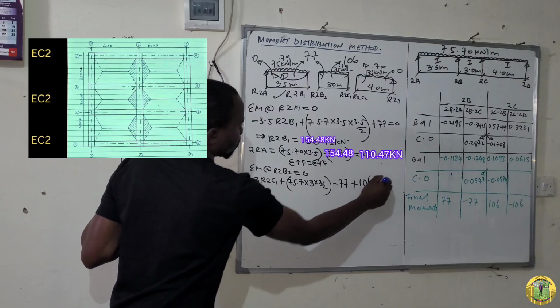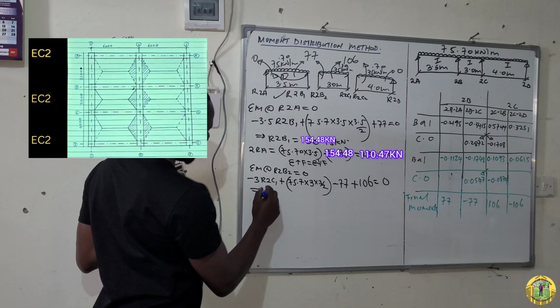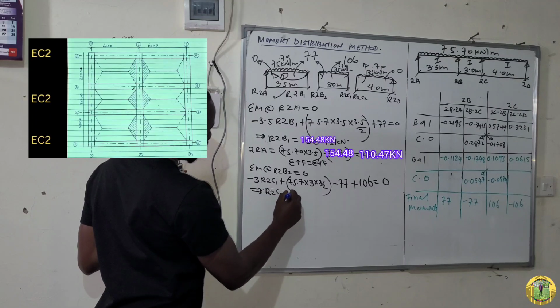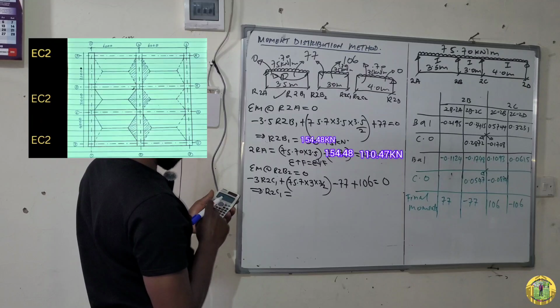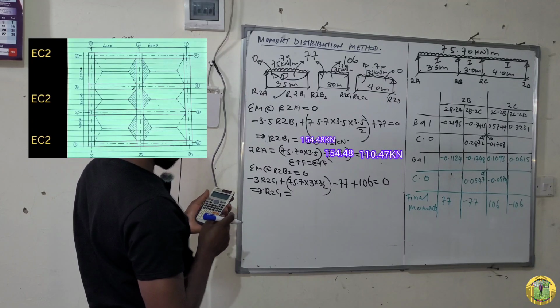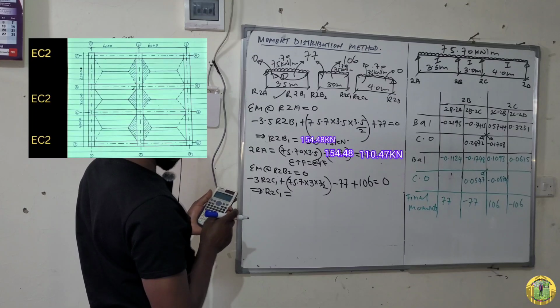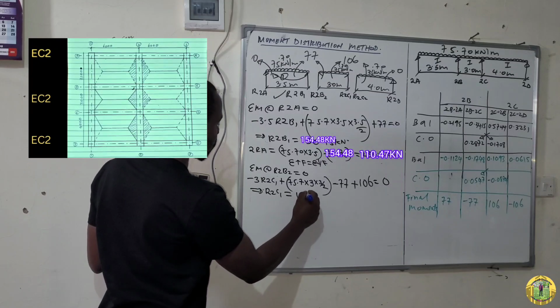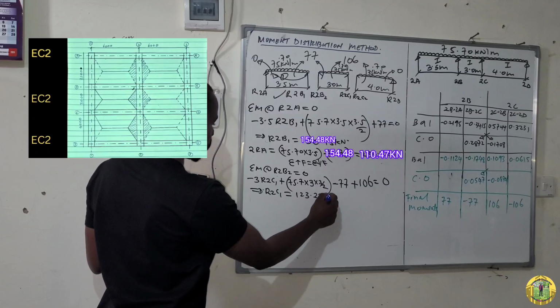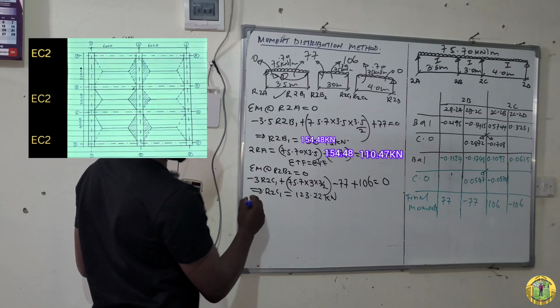So this one is equal to 0, which implies R2C1 is equal to 75.7 times 3 times 1.5 minus 77 plus 106, divided by 3. So this is 123.22 kilonewton.